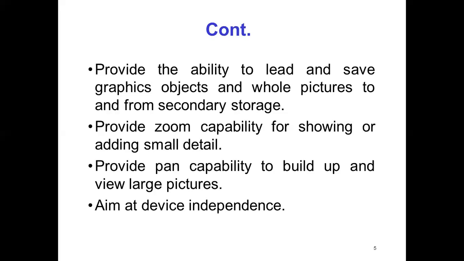Then he must choose some sort of scale to draw that particular object. Nowadays each and every computer graphics package has the facility either to zoom the object or to pan the object, just to reduce the size of the object, so that we can enhance the visibility of the object.